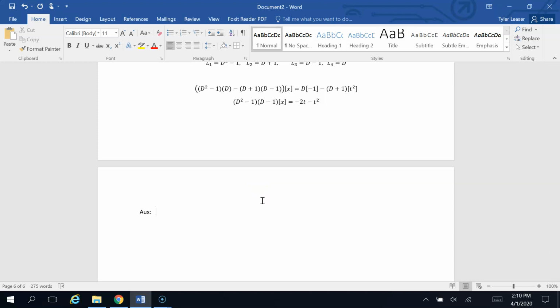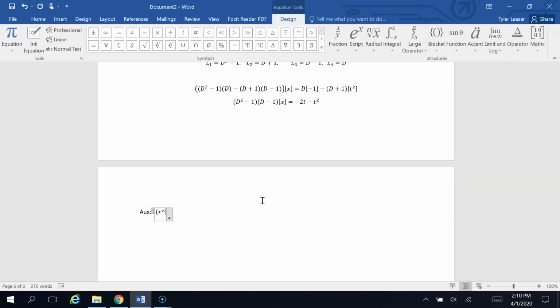For the auxiliary equation, that's going to be looking at r squared minus 1 times r plus 1, and that's equal to 0. This auxiliary is just coming from the differential equation up top here. The second derivative on x, that's the r squared minus the 1.